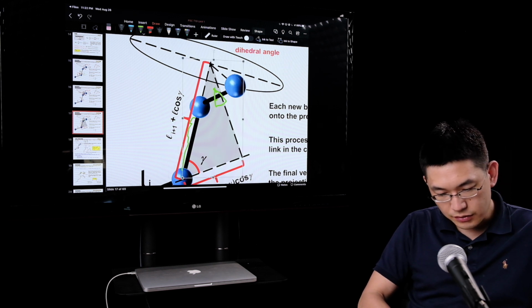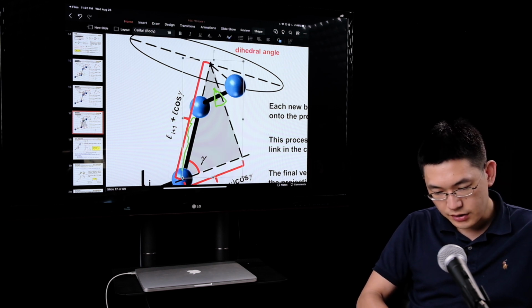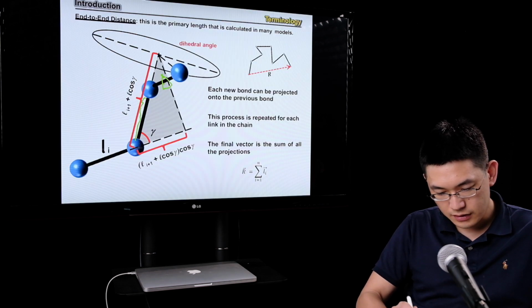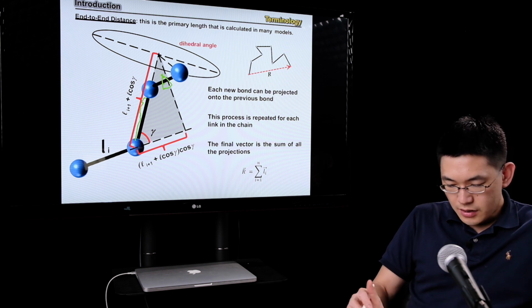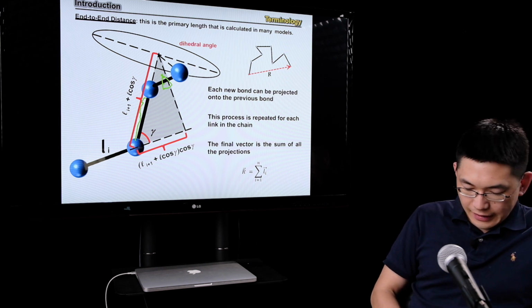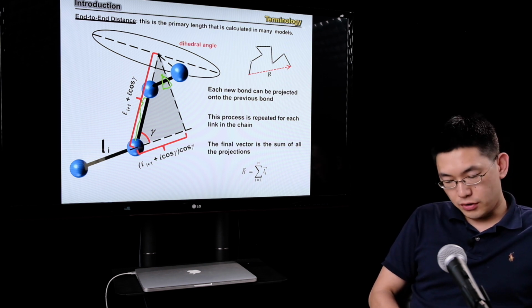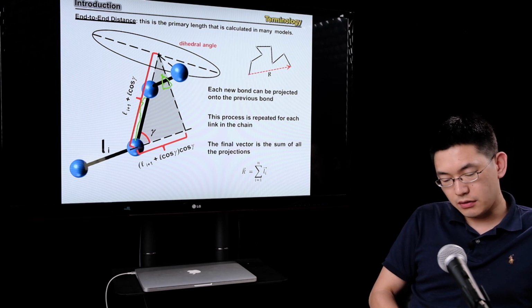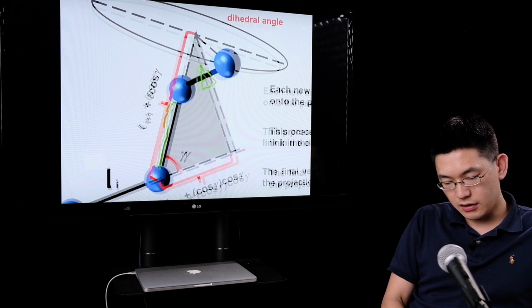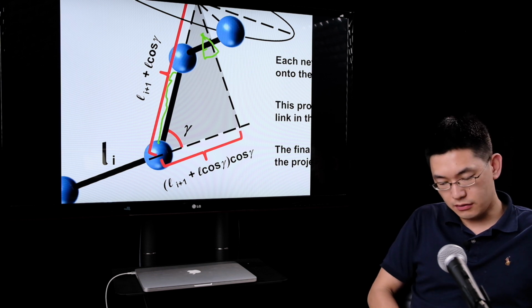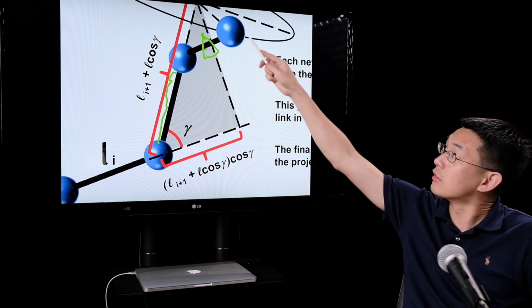Let me make sure I use slideshow so that we don't change from current. Okay. And it will project once from this particular bond, circling the triangle, into this region, as shown here.